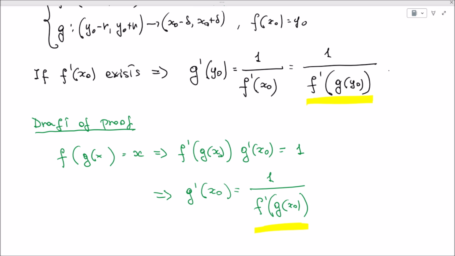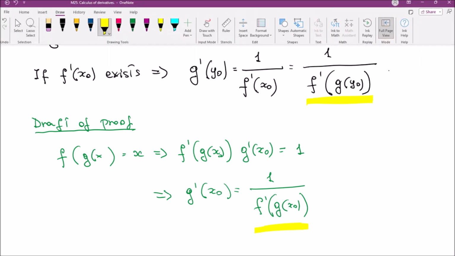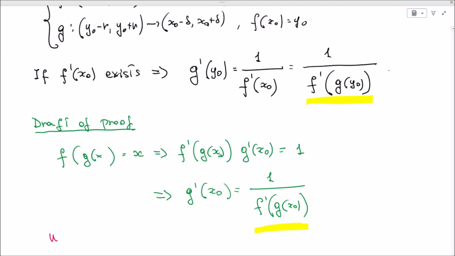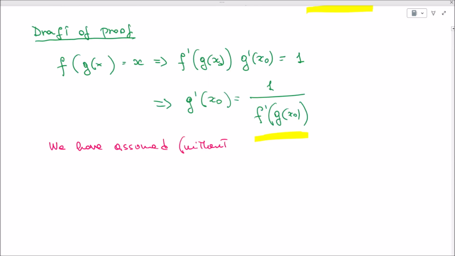What's wrong with this is that we have assumed, without proving it, that g of x has derivative.